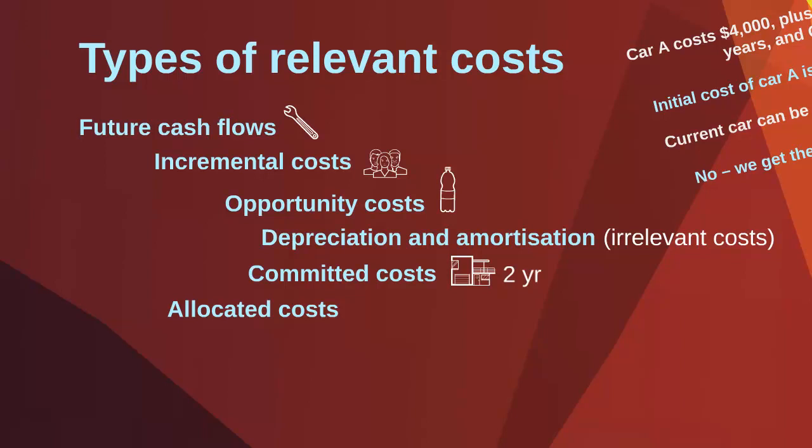Allocated costs. Allocating costs as well, very similar to committed costs. But where the difference lies is that whereas committed costs are usually committed externally, allocated costs are committed internally. So, for example, let's say a bank.